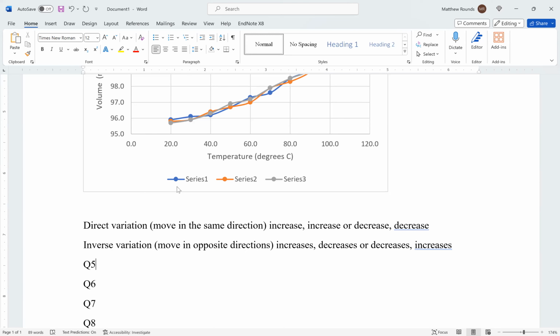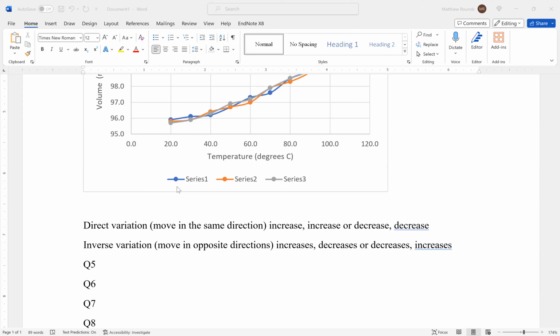So let's look at question 5. The question 5 is John owns a lawn care service. If each of his workers is able to mow the same area of grass per 6,000 meters, describe the relationship between the number of workers and the total area that can be mowed in an hour.